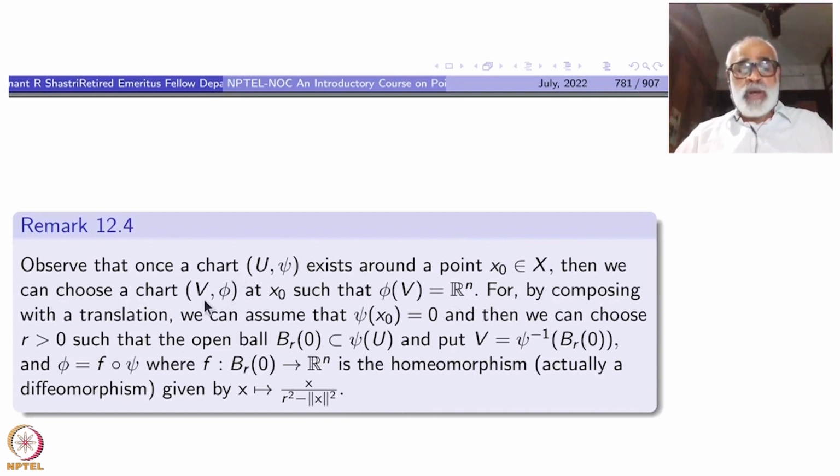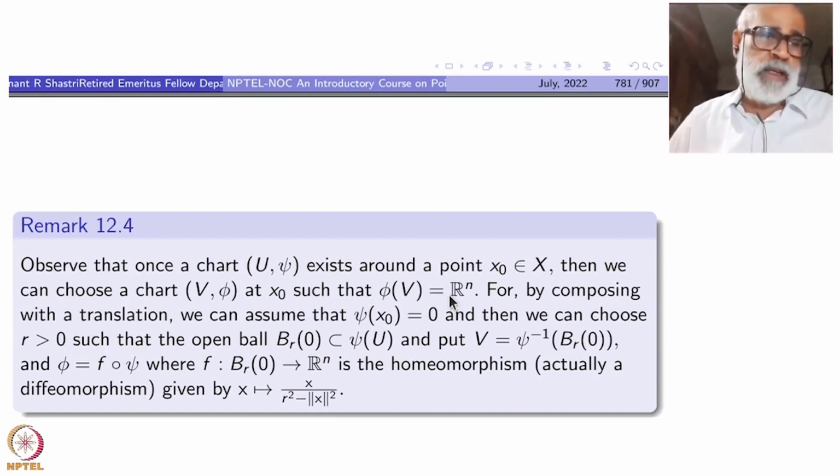You can take a smaller set and change phi so that phi of V is the whole of Rn. Therefore, you could have assumed right in the beginning that all the charts have this property, but that is not always convenient. It's better to have as many charts as possible. The moment you fix things, there may be less chance.